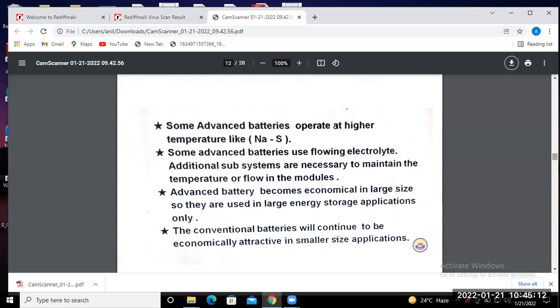Conventional batteries may be used for smaller energy storage, but if you want to store a large amount of energy economically, then we have to make some specific change in the material compared to the conventional battery. Okay, so we are able to store larger energy, economically cheaper, compared to the conventional battery.